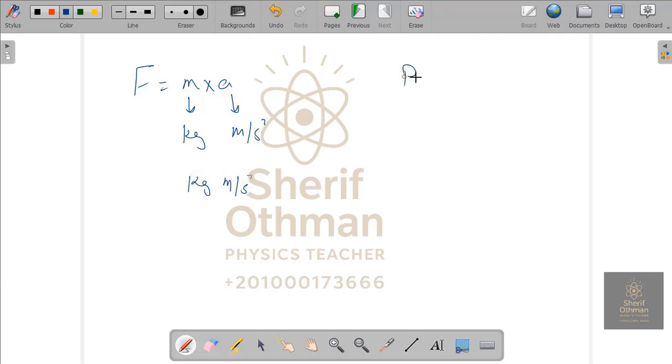And as we said, momentum is the result of multiplying mass by velocity. Mass is measured in kilogram, while velocity is measured in meter per second. So the difference between force and momentum is only one unit of time. We can write the unit of force as kilogram meter per second divided by second.